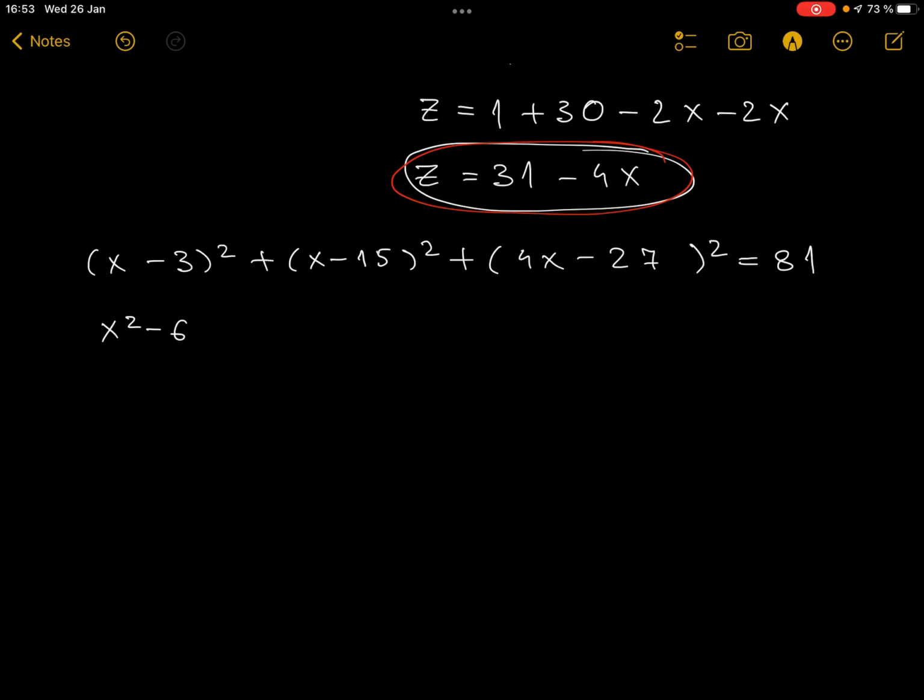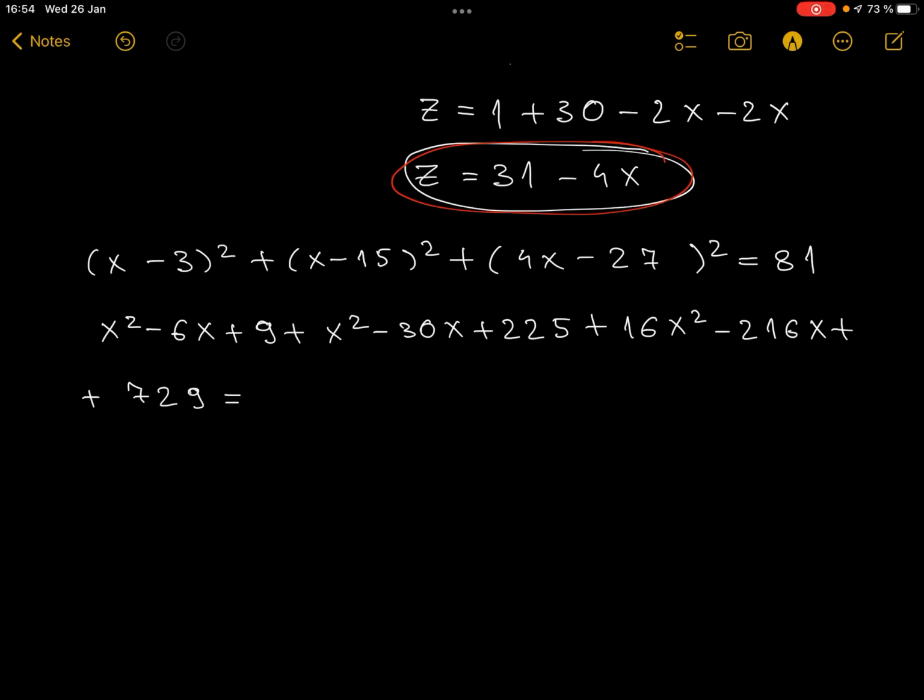Okay, so let's go ahead and expand this. So x squared minus 6x plus 9 plus x squared minus 30x plus 225 plus 16x squared minus 8 times 27. 8 times 27, that's minus 216x plus 27 squared, which is 729, is equal to 81.